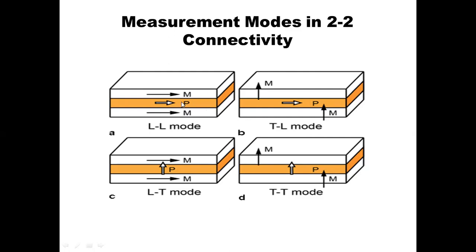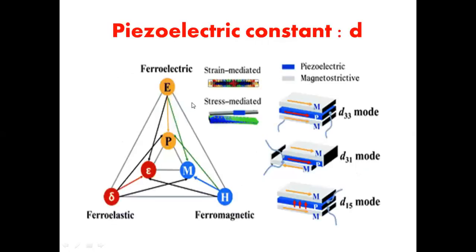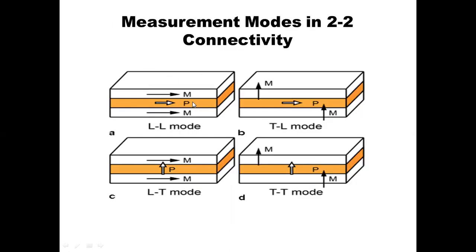And here, this is the ferroelectric material. During the electrical poling, this ferroelectric material is polarized in the x-axis.